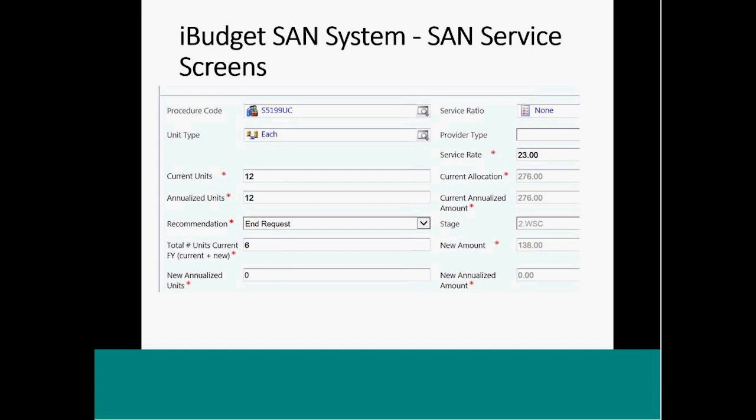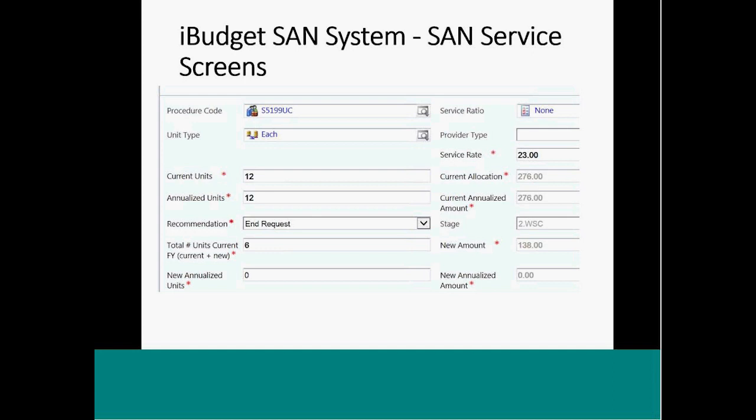So this is just kind of a repeat of what we were just talking about. If you're ending a service, then you need to make sure that the total number of current units field for the current fiscal year is prorated to reflect the total number of units needed for the current fiscal year if you're ending the service.